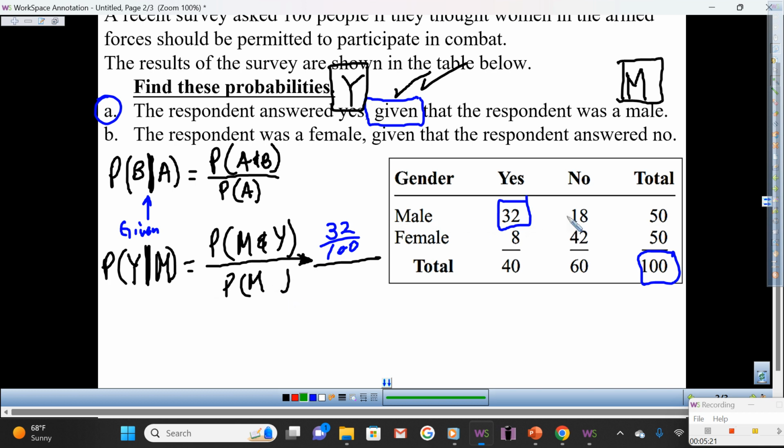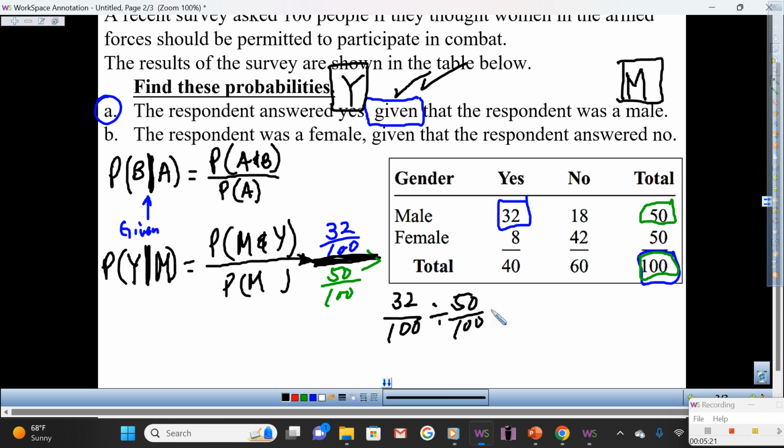What's the total of male? 50 over 100. So let's rewrite this. It says 32 over 100. The bar means divided by 50 over 100. Yes? Does everybody understand this?